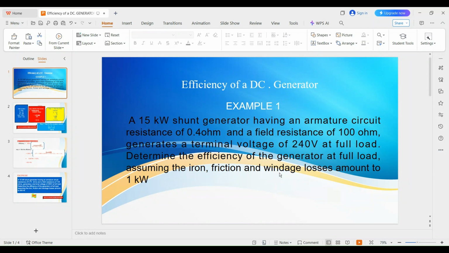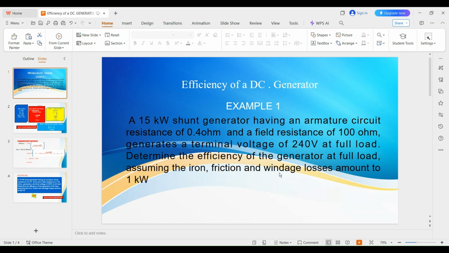So we are going to look at our example one, and it says a 15 kilowatt shunt generator having an armature circuit resistance of 0.4 ohms and a field resistance of 100 ohms generates a terminal voltage of 240 volts at full load.